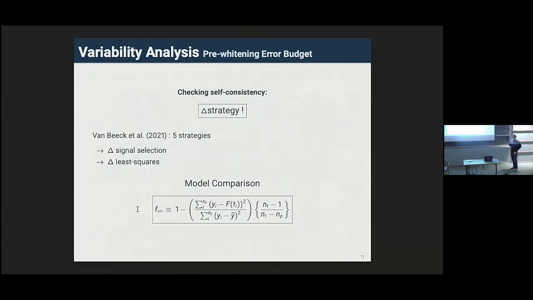In order to do that, we compute a fraction of scaled variance or explained scaled variance. So this is basically the fraction of variance that you all know. These are the points from the light curve. This is your light curve model, and this is the mean light curve. And this is then a factor that accounts for the amount of points in your light curve and the amount of parameters in your model.